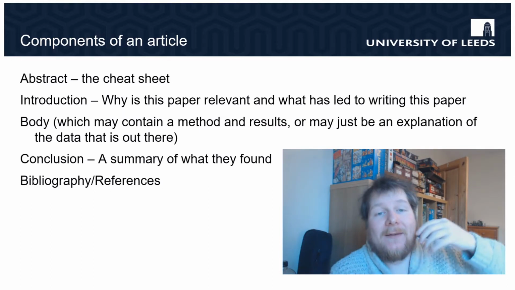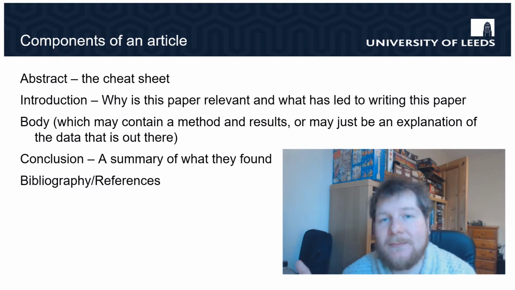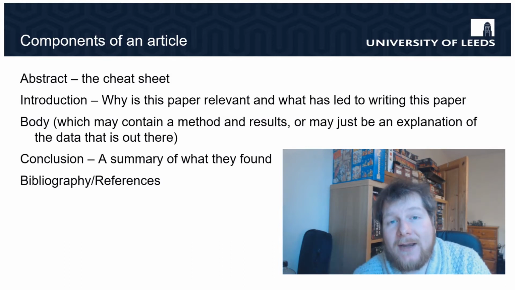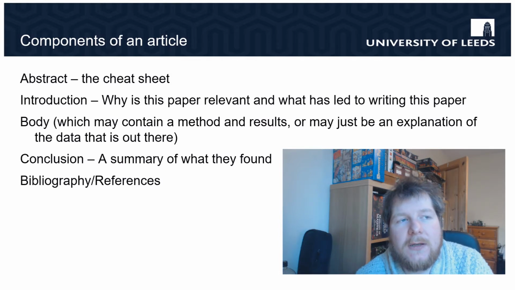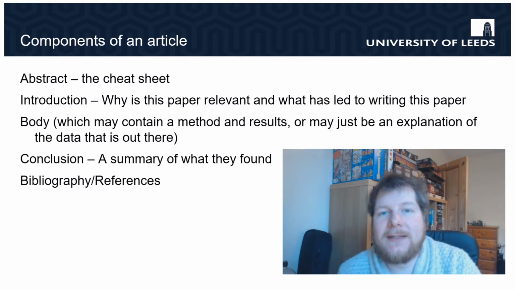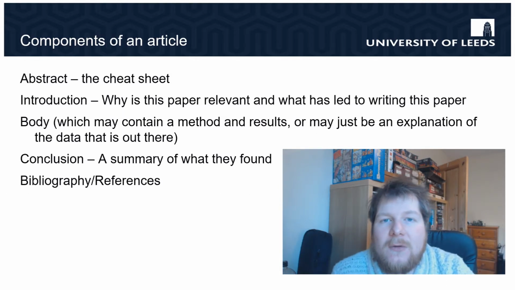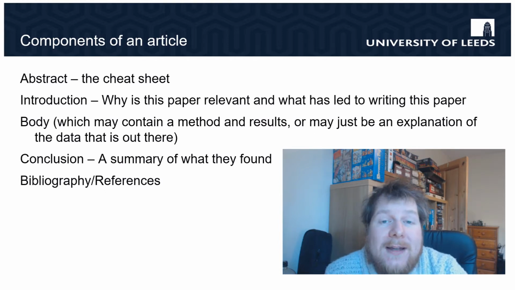After the body, we obviously have the conclusion. Now, the conclusion isn't meant to tell us anything particularly new, but it is supposed to summarize the main findings of the research paper. So that will summarize the results of the literature review that we've done, if we've done one of those, what we have determined from looking at particular cases or jurisdictions, what have you, and what conclusions we came to within our discussion.